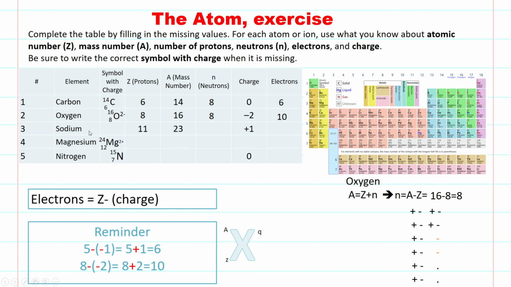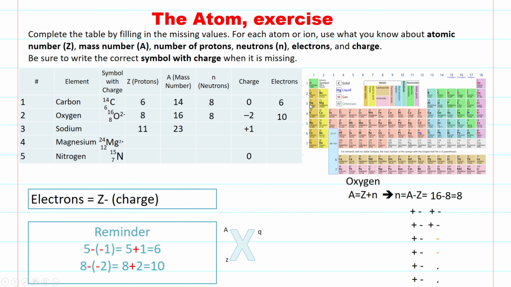Move on to the sodium. We are told Z equals 11 and A equals 23. Again, the atomic number Z tells us how many protons an atom has, and that's what identifies the element. Here, Z is 11, so the atom has 11 protons. If we look at the periodic table, which is organized by the atomic number from left to right, we find that element number 11 is sodium.